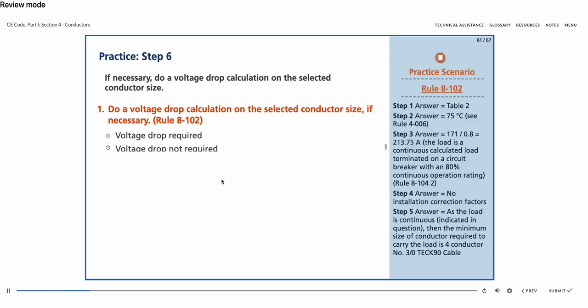Step 6 is to determine if a voltage drop calculation on the selected conductor size is necessary, based on Rule 8-102.